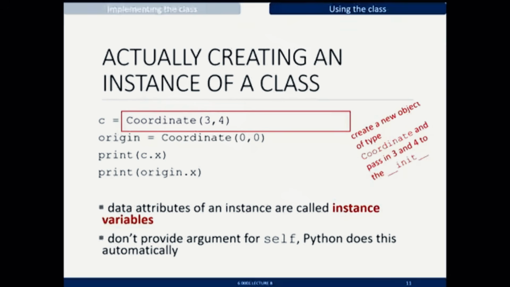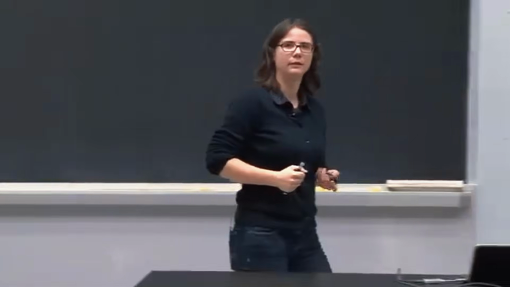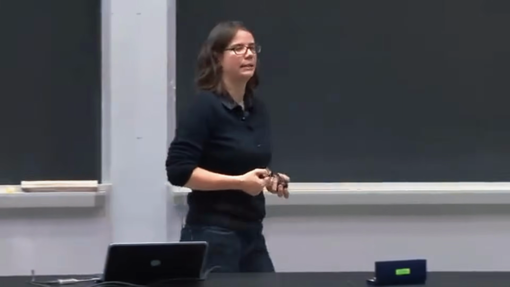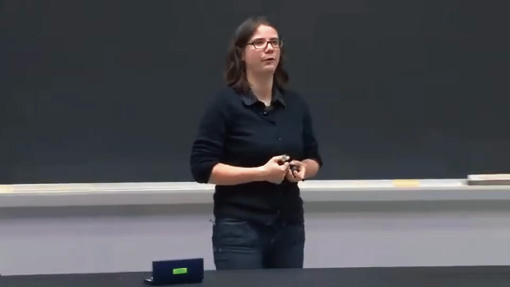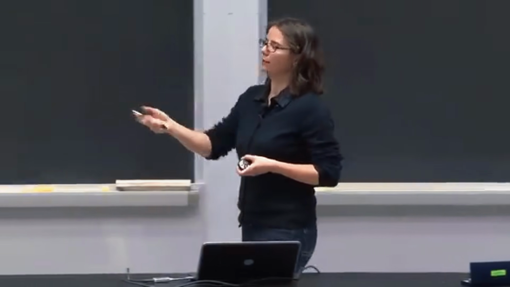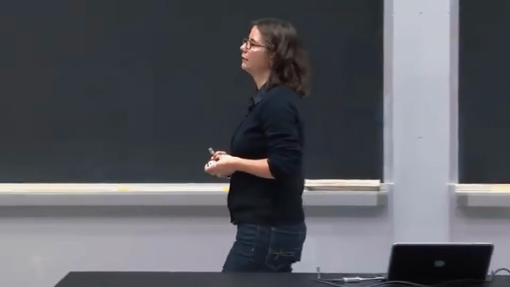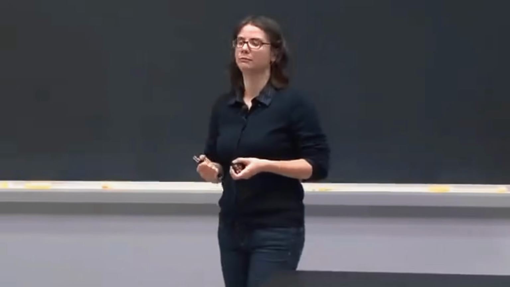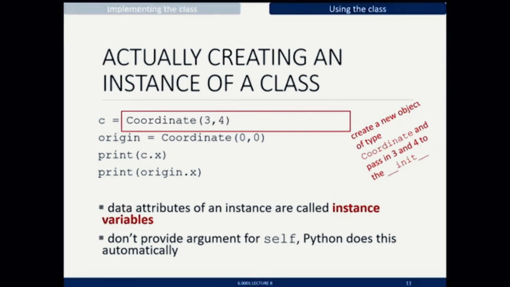We can access the data attributes using this dot notation, and we've seen that before, right? When we've worked with lists, we'd say something like l.append, right, when we create a list. So the same dot notation can be used with your own objects in order to access data attributes. So here, this is going to print 3.